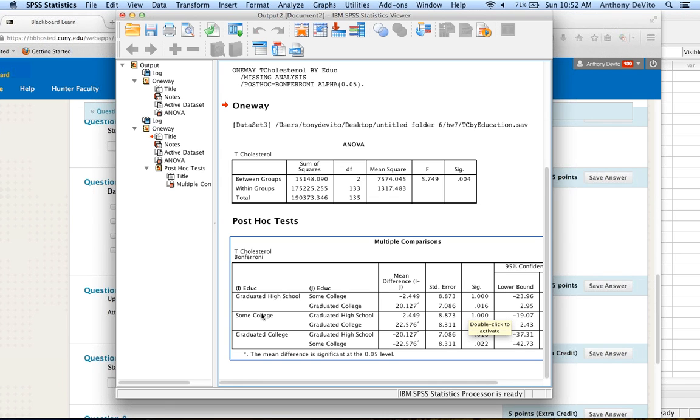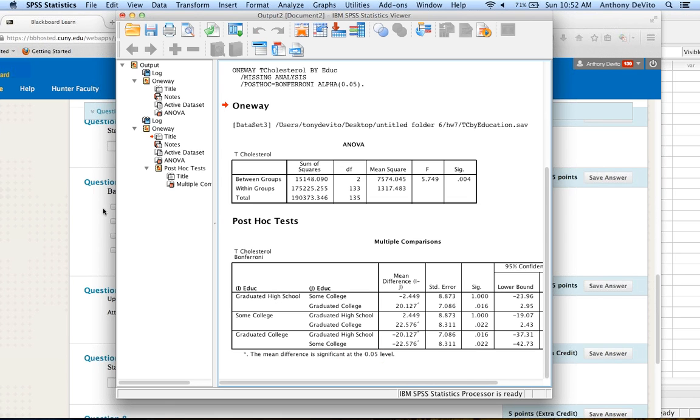For some college versus graduated college, that's a significant result. So it's not true for all of the different comparisons, but it is true for graduated high school versus graduated college, and for some college versus graduated college. But it's not true for some college versus graduated high school.